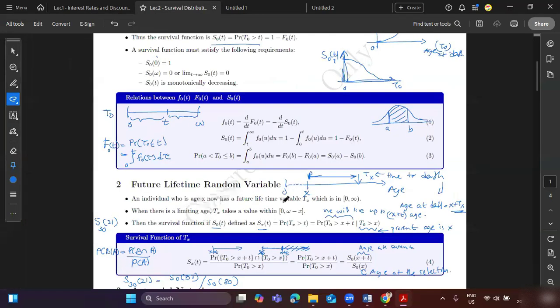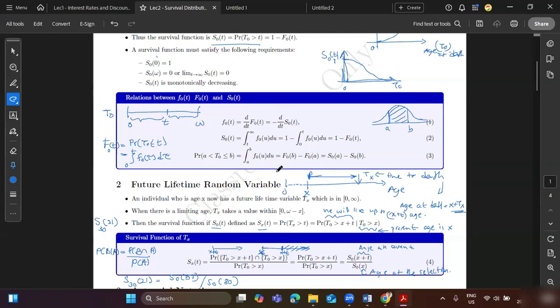And also sometimes you might have to integrate first and then use it accordingly. Sometimes you don't have to find the survival function or the distribution function. If you have the density function, you can directly use the integral and find the probability if you are interested.